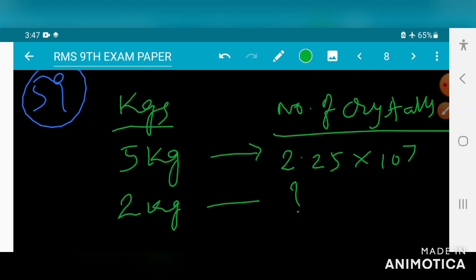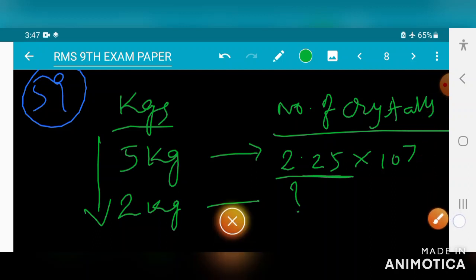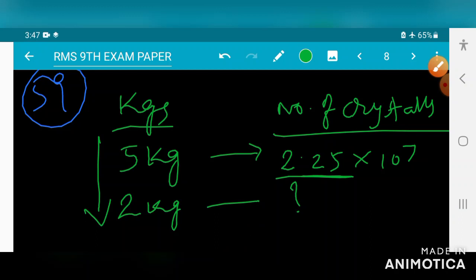See, very easy. We have discussed just now. If in 5 kgs this much, the kgs are reducing, in comparison, from 5 kgs to 2 kgs. So the value should also decrease.